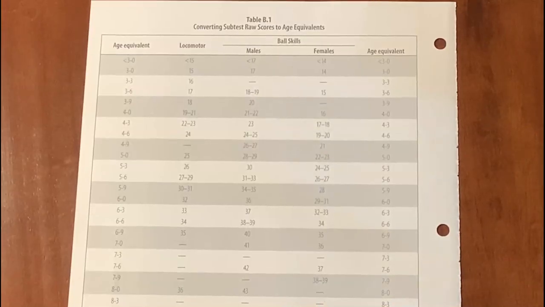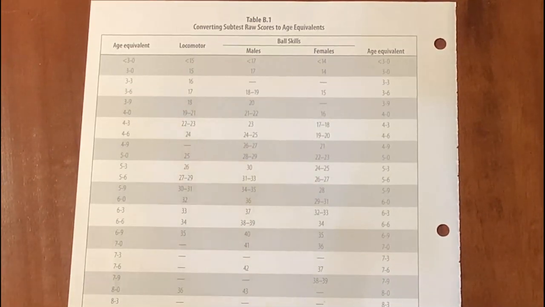So we clearly have to make sure we're using the correct norming table. So the title of table B1 is converting the subtest raw scores to the age equivalents, which is the first category on the record sheet. And so you have to be able to then also look at the correct sex.